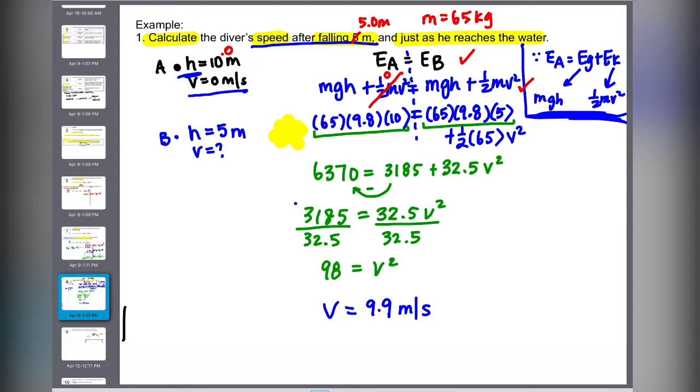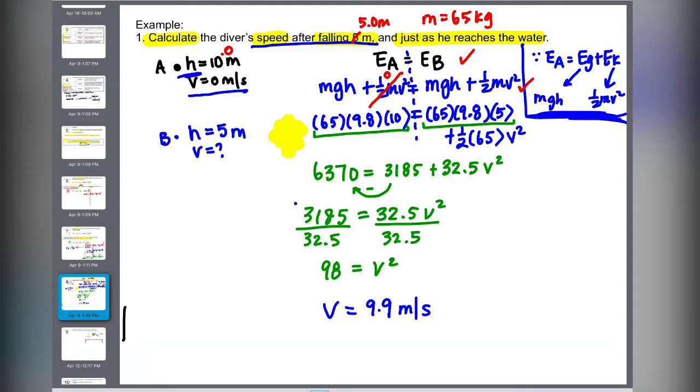I am now right here. You could have punched 65 times 9.8 times 10 minus 65 times 9.8 times 5 equals, and then times 2, divided by 65 equals, and then take the square root. If you can't do it in one shot, definitely write it out. It's not worth losing the mark because you can't show the work.